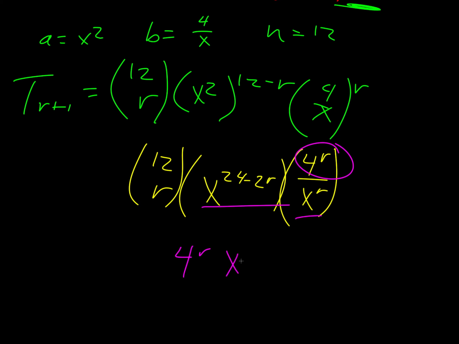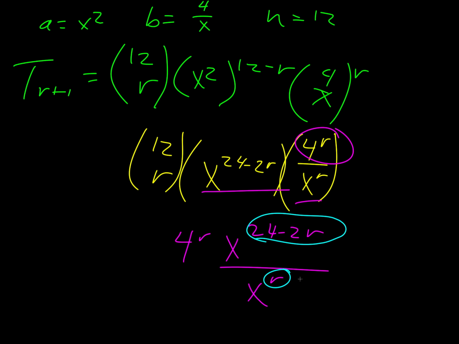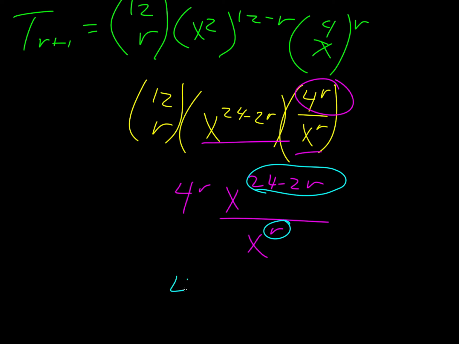So we get x to the 24 minus 2r divided by x to the r. Now if we remember our exponent rules, we could just do this minus this. And so we get 4 to the r times x to the 24 minus 3r. This is all an exponent. I know it doesn't quite look like that.